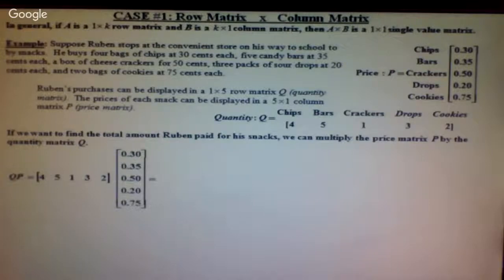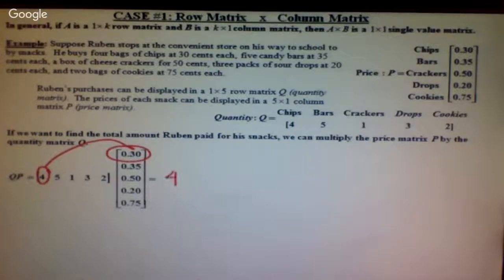Notice, chips came first in the row, so the price for chips has to come first in the column. So on and so forth. Bars come second, crackers are third, drops are fourth, and cookies are fifth. So now, if we want to find the total amount of money that Ruben paid for his snacks, we multiply. So the first item in the row gets multiplied by the first item in the price.